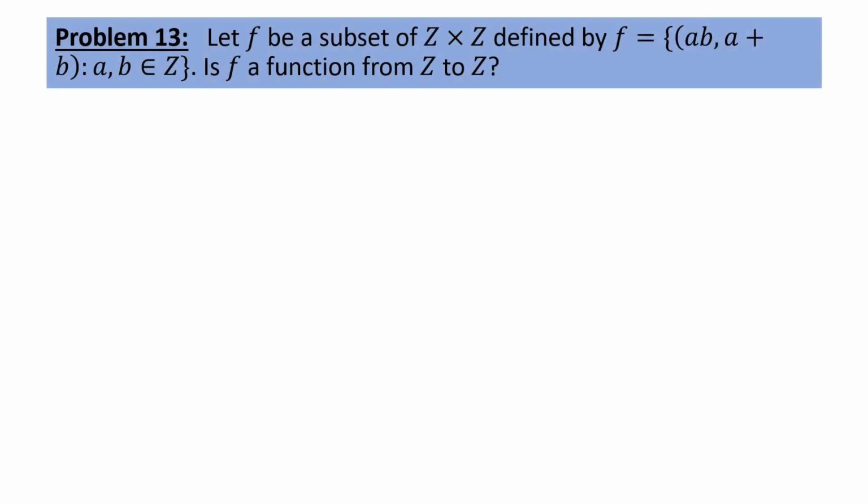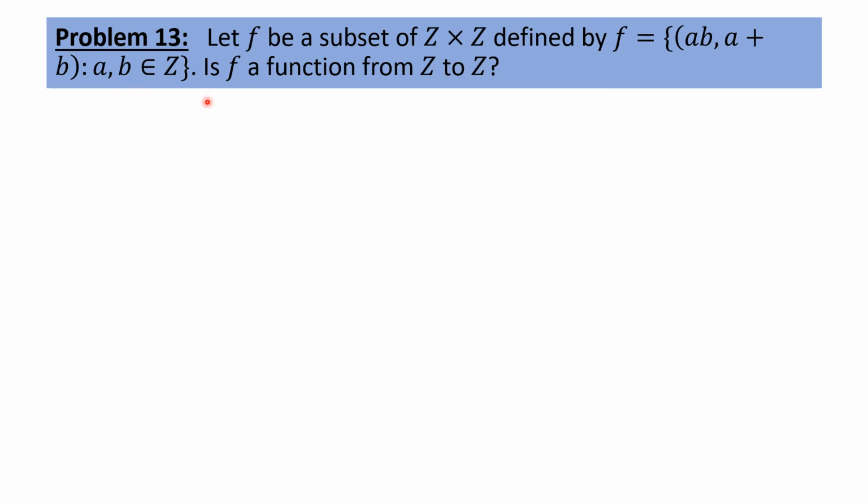If we denote integer numbers by Z, in this problem we are given a relation f to be a subset of Z cross Z, which is defined by f equals to (ab, a plus b), where a and b are integers.